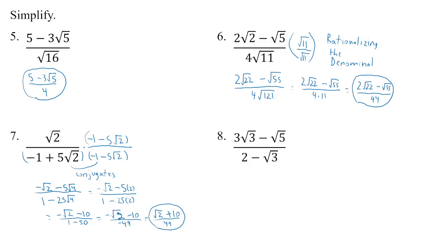All right, next we have 3 times the square root of 3 minus the square root of 5 over 2 minus the square root of 3. Again, we have an expression in the denominator. So to get rid of the square root, we're going to multiply both the numerator and the denominator by the conjugate of 2 minus the square root of 3, which is 2 plus the square root of 3.